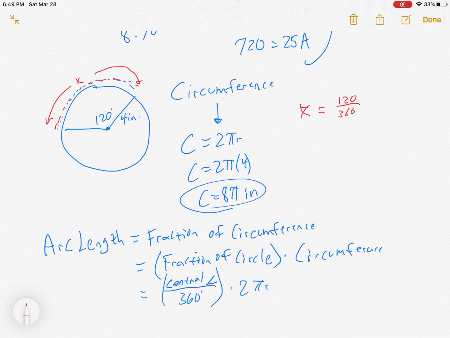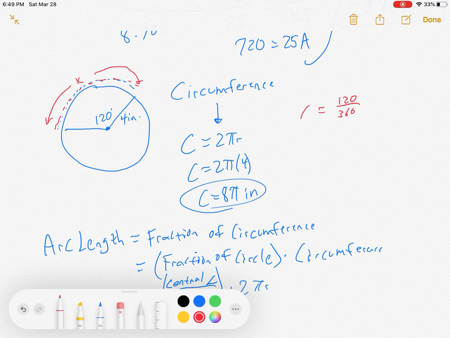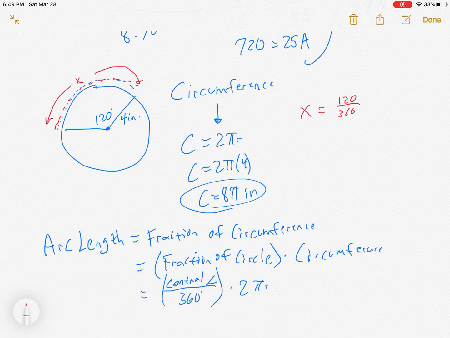That's the arc length. Times the circumference, which I could just write 8 pi because we just did that, but I'll just do this. This does reduce to 1/3. So you end up with 8 pi over 3 inches.